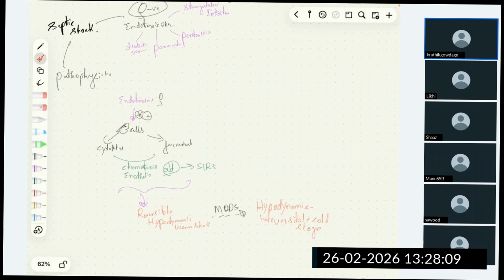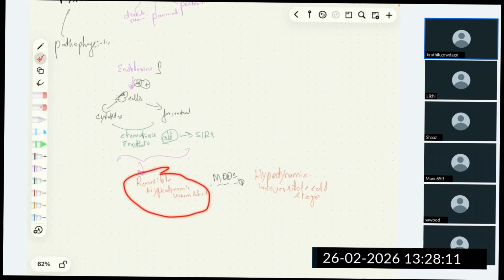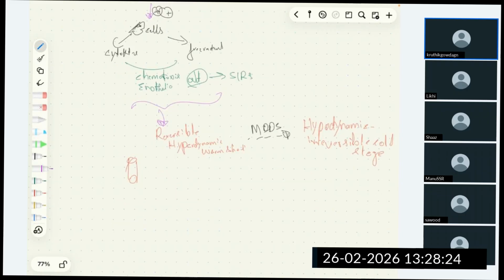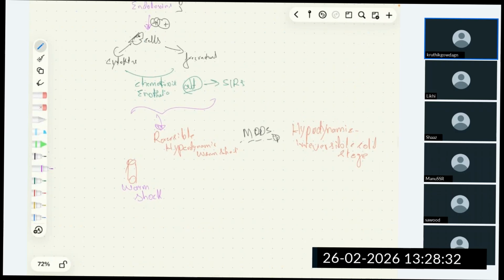At this stage, it is reversible hyperdynamic warm shock, where there is pooling of blood in the periphery. When there is increased blood in the cutaneous circulation, it leads on to warming effect. So it's warm septic shock.